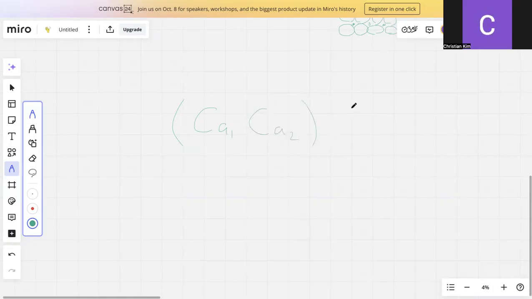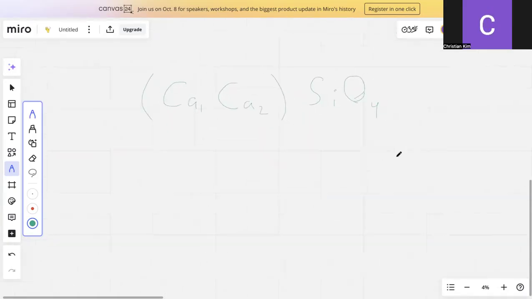And the nesosilicate anion is just SiO4. It's important to remember that SiO4, nesosilicate, has a charge of -4, while magnesium always has a charge of +2.